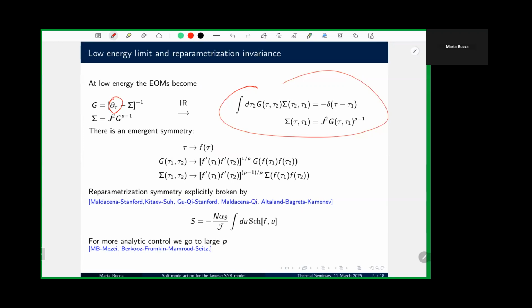And if you look at this new set of equations, you have an emergent symmetry, a reparameterization symmetry, where you can reparameterize tau as f of tau, provided that sigma and G transform accordingly in this way. So this is basically the one-dimensional version of conformal invariance.